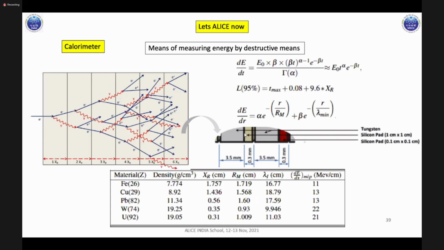Usually in today's calorimeters, in most cases, silicon is used. During the choice of absorber, one needs to keep in mind they need to be very dense, very thick, very compact, and they should not be radioactive, and so on. Keeping all these things in mind, tungsten and lead are the most suitable candidates. If you need to make a really compact one, tungsten is the best choice.